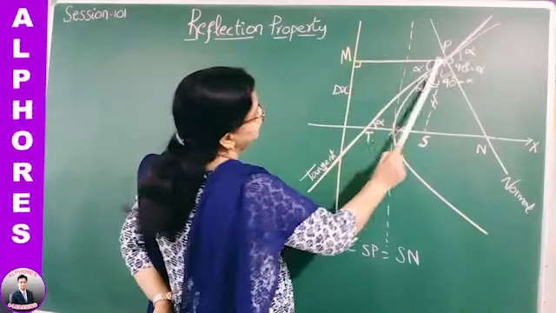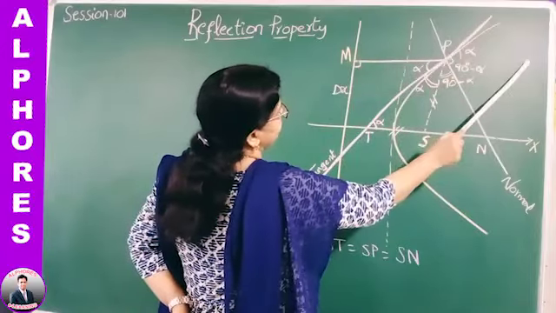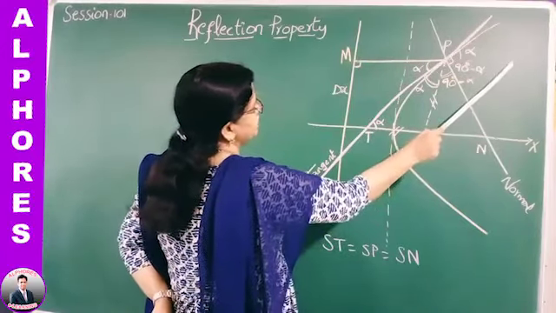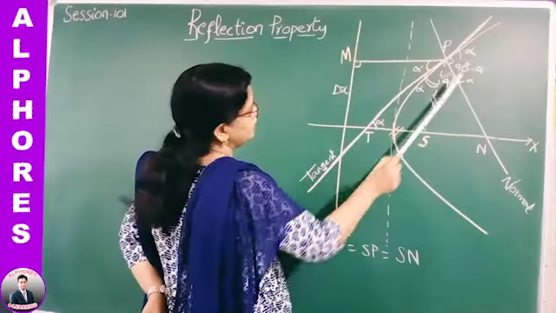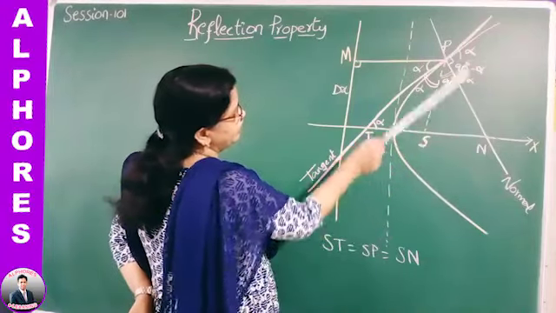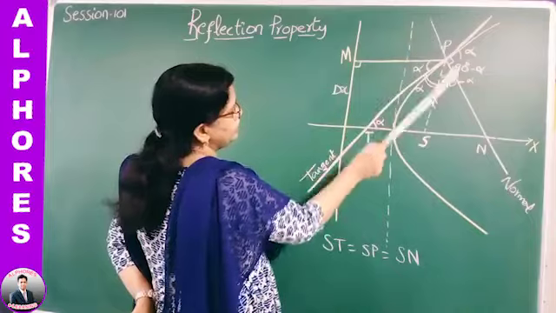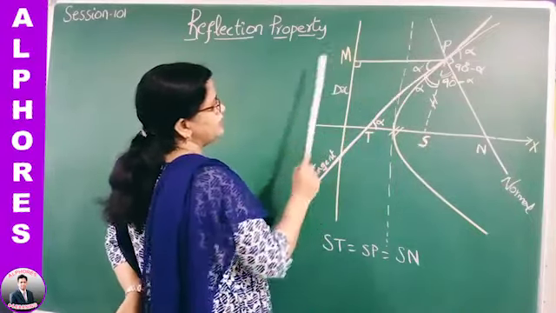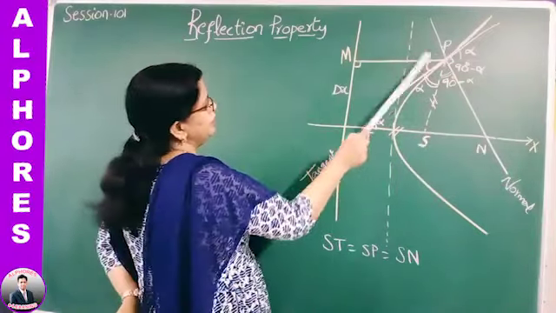If you extend PM like this, this one is PM. So the normal is again a bisector of the angle, but it is the external bisector of the angle between SP and PM.